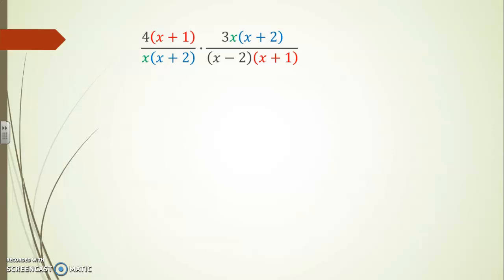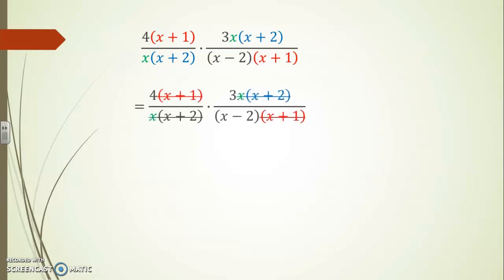Having these common terms at the top and bottom now allows you to eliminate them. And, in the end, remaining terms at the numerator are 4 and 3 that multiply to give 12. And at the bottom, all that's left is the x minus 2.